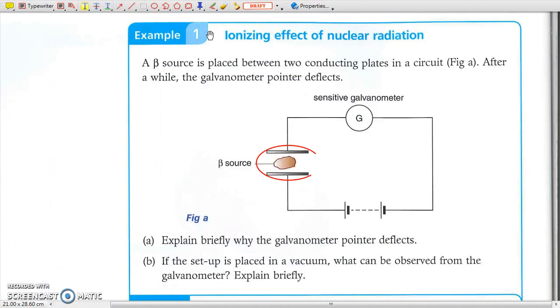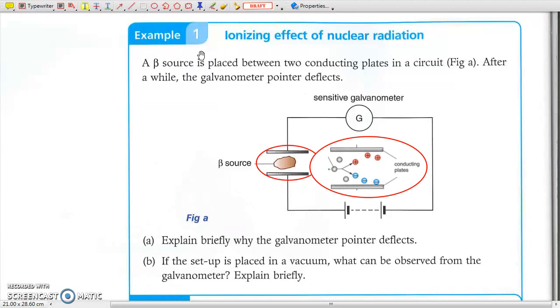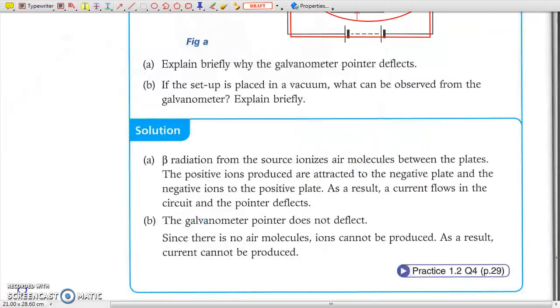Example 1. Ionizing effect of nuclear radiation. The setup makes use of the ionizing power of beta radiation. When the ions produced are attracted by the conducting plates, which are the electrodes, there is current flow. The current flow will be larger if there are more ion pairs produced, for example, when an alpha source is used instead.